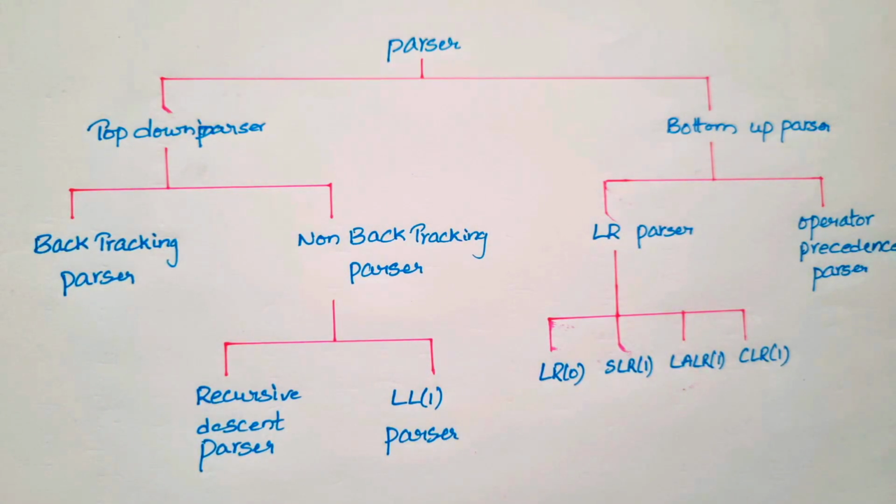First one is backtracking parser. It tries one production rule at a time. If the selected rule fails, it goes back and tries another rule. This process is called backtracking. Even though it is simple, it is not efficient because it may repeatedly analyze the same input.